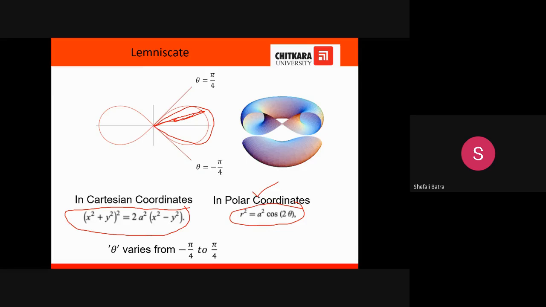Here r is equal to 0, and this curve is defined by the equation r square is equal to a square cos 2 theta. So from here we get r, that is a under root cos 2 theta. Then for this one loop, you'll be sliding your strip from minus pi by 4 to plus pi by 4. There are 2 types of lemniscate, one with cos, another with sine.